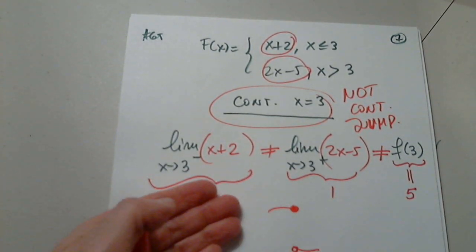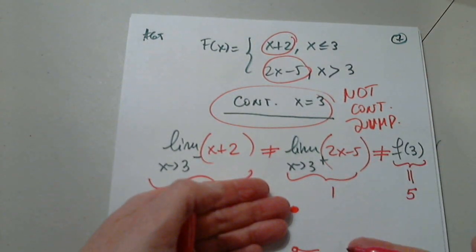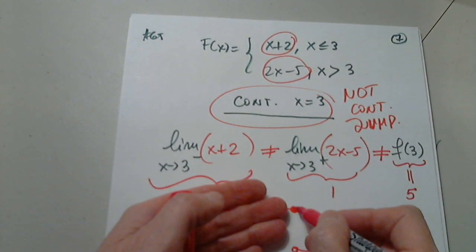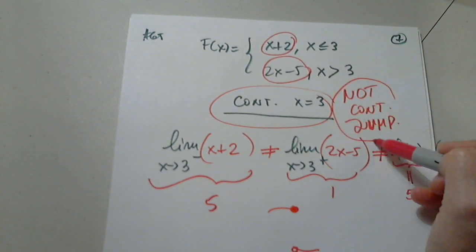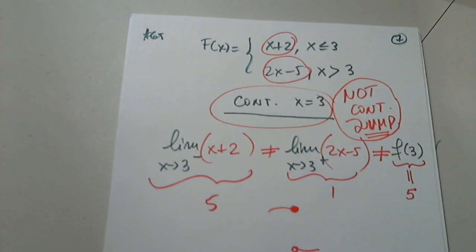So this side approaches 5, this side approaches 1, and the function value is 5. So this is not continuous at 3, and it's a jump discontinuity. Is this clear? Okay.